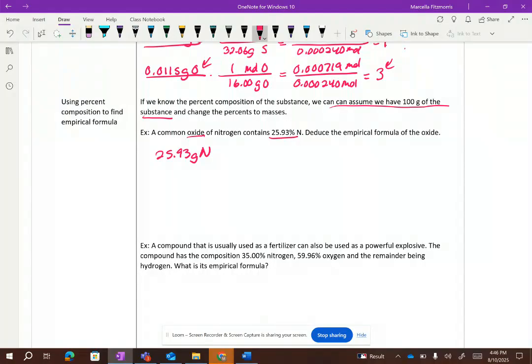The rest of it would be the oxygen, so in this case, the rest would be 74.07. So basically these percentages are always going to add up to 100. And then we change it to grams. Then we do the same thing as we did before.